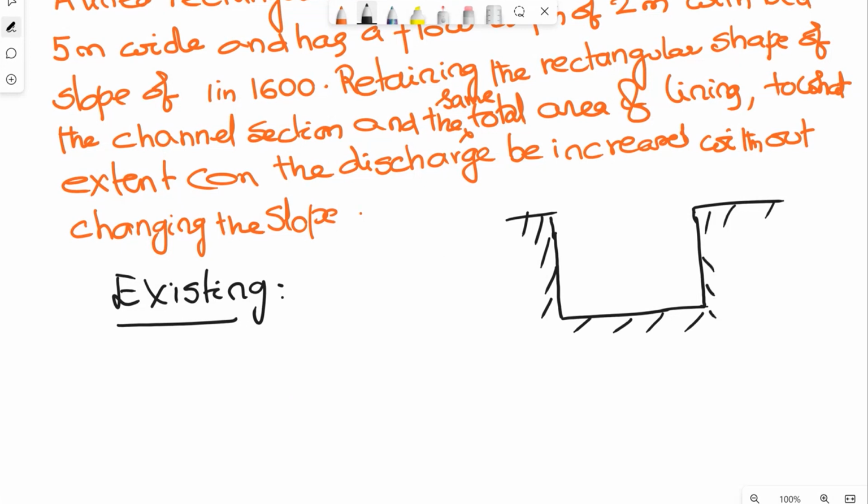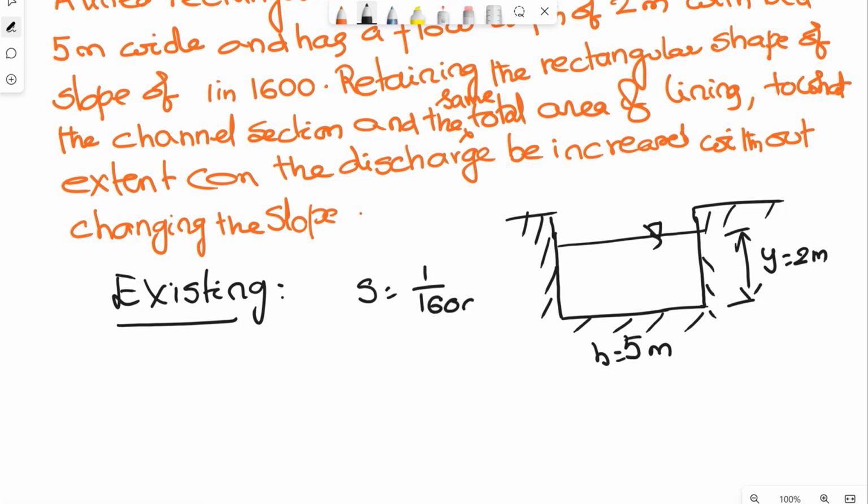What he has given: B is equal to 5 meters, and Y is equal to 2 meters. Then S is equal to 1 by 1600, and n is equal to 0.015. So first I don't know the discharge. What I need to do is first find the discharge for the existing channel. Up to this, the problem is over.